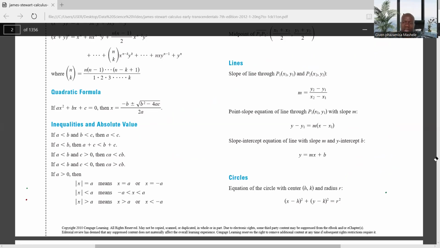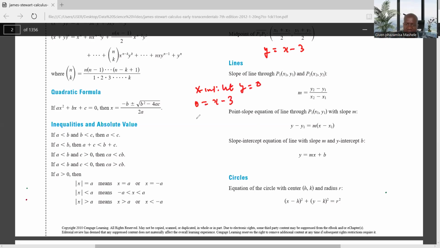Absolute values are non-negative. For example, if we say to you, sketch the graph of y equals x minus 3. When we sketch it, obviously this is a straight line, it will need the x-intercept. With the x-intercept, you'll have to let y be 0. So this will be 0 equals x minus 3.